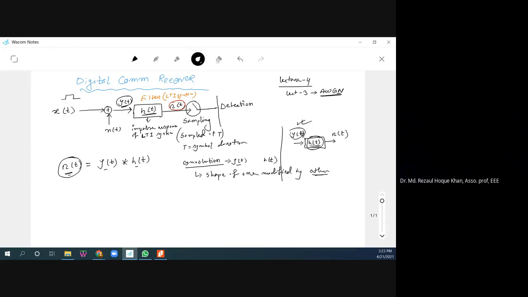How is the convolution operation actually done?